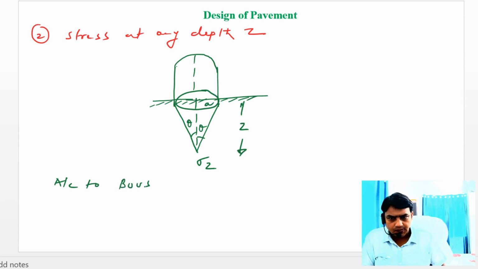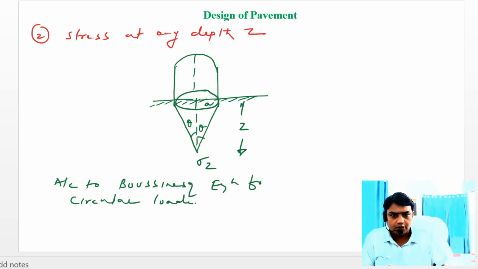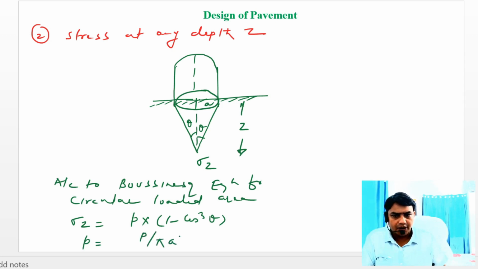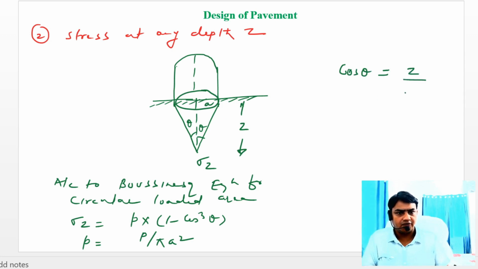According to the Boussinesq equation for circular loaded area, sigma Z is equal to P into (1 minus cos cubed theta), where P is the contact pressure, that is load divided by pi a square, and cos theta is equal to z divided by square root of a square plus z square.